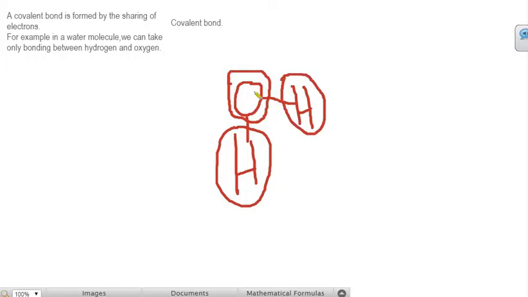Now in between oxygen and hydrogen we get a covalent bond. This covalent bond is formed by the sharing of electrons. Now let me just define the octet rule.